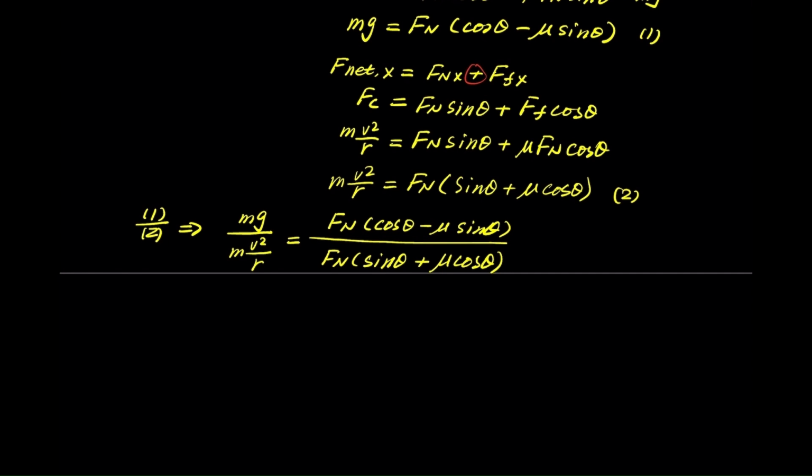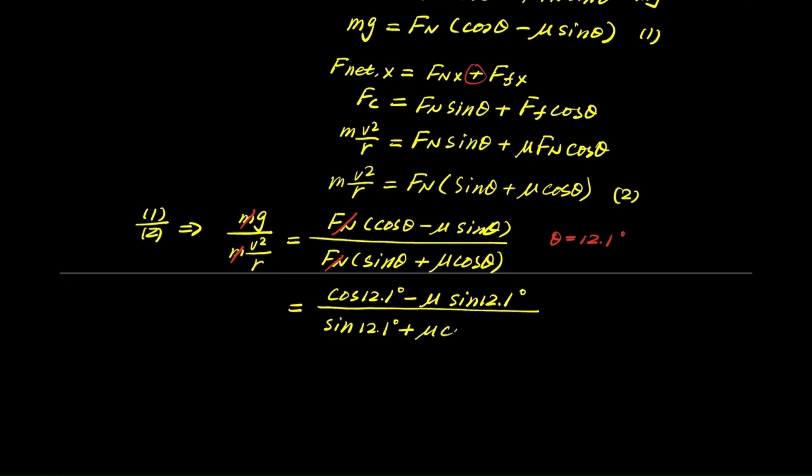And this lets us cancel out the Fn and the mass m. Now let's plug in the values. Remember, theta is 12.1 degrees. So on the right side, we have cosine 12.1 degrees minus mu sine 12.1 degrees, divided by sine 12.1 degrees plus mu cosine 12.1 degrees.